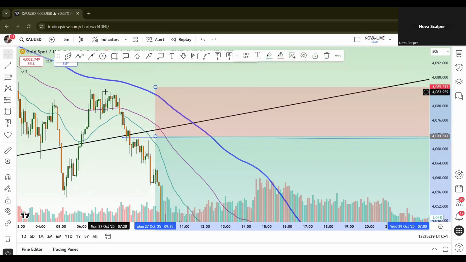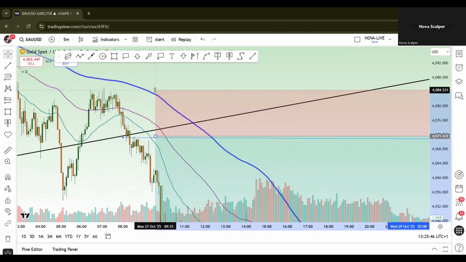And for the stop loss, there are two ways to set it. One is to set it at the previous peak, which is kind of far away, a $14 distance, which is 140 pips. If you're a swing trader and you set the stop loss using the pattern, you have to accept that the stop loss may be very large.